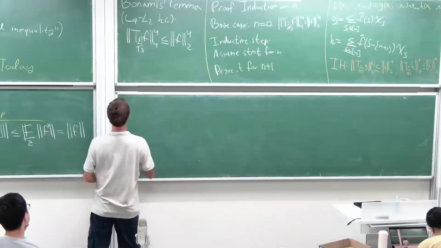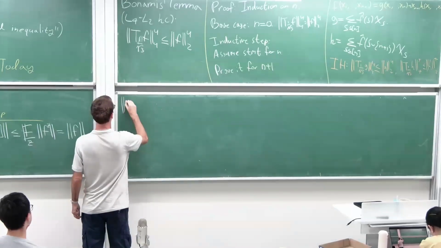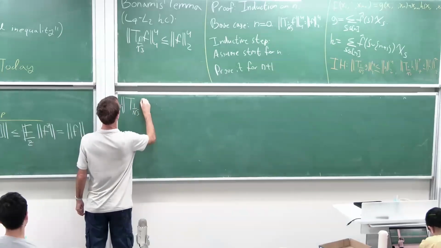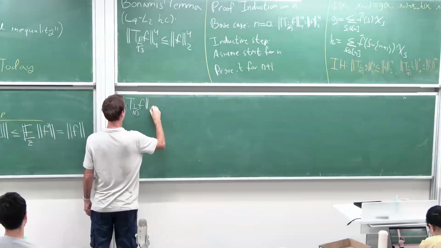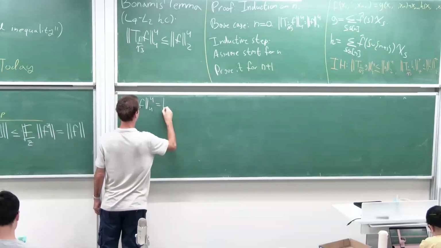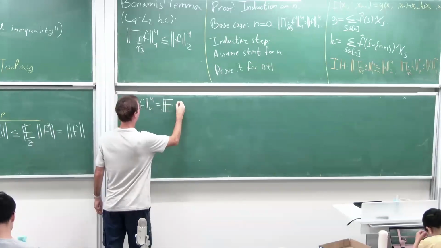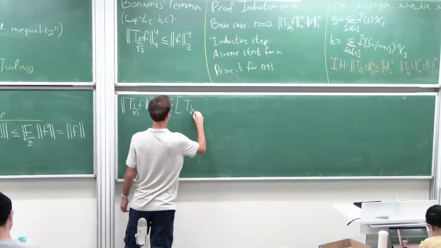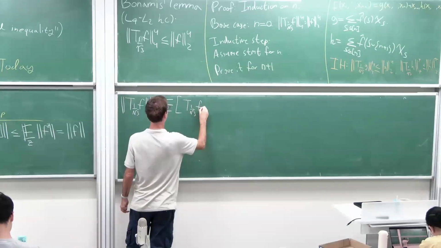Okay, so we want to bound T_{1/√3} f 4-norm to the 4, which is the expectation of T_{1/√3} f to the 4.